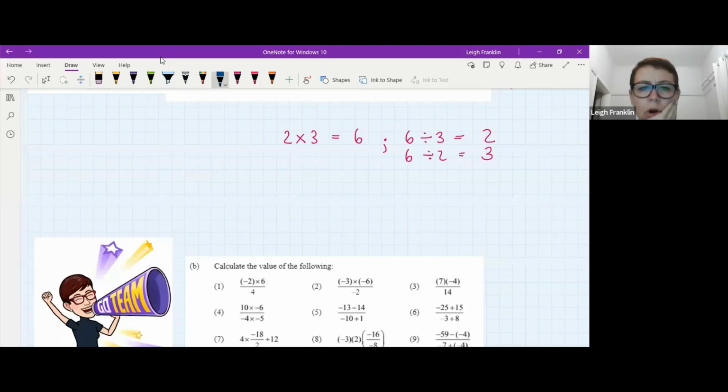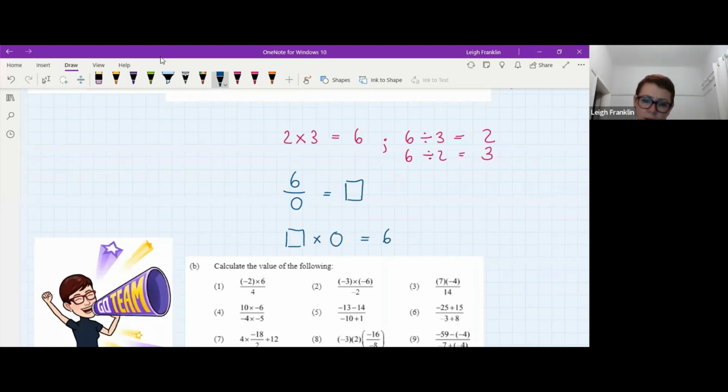Let's start it this way. If I've got 6 divided by 0, and I say that the answer is a certain value, that means that value multiplied by 0 is 6.